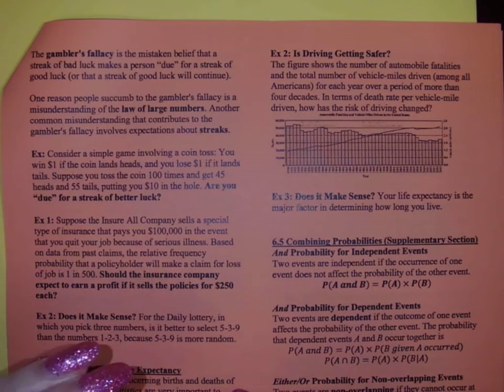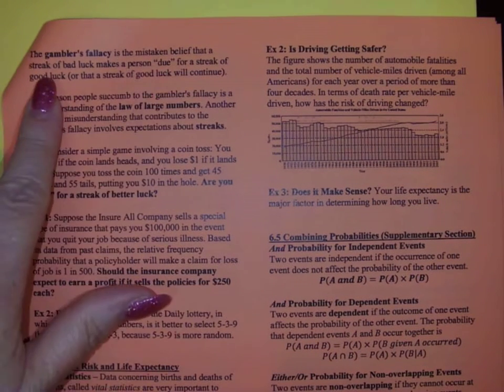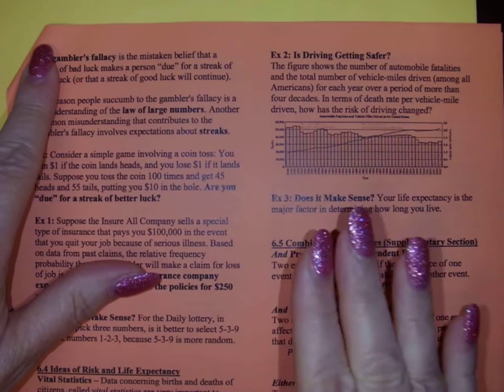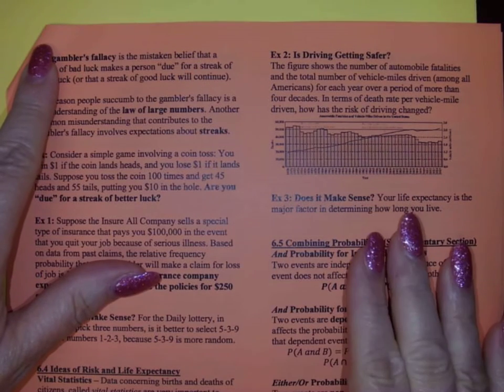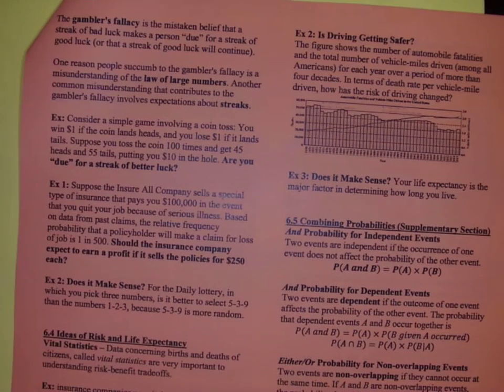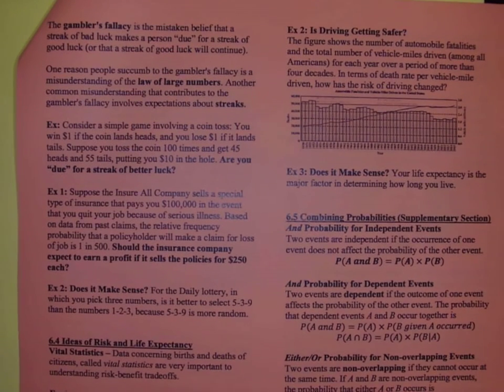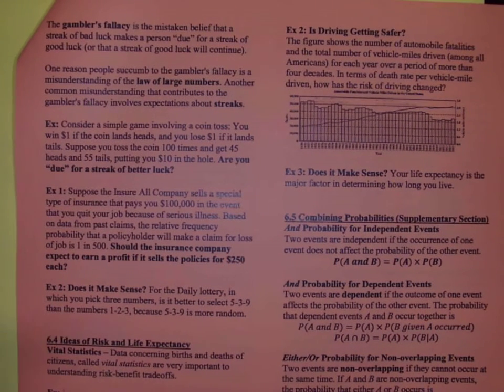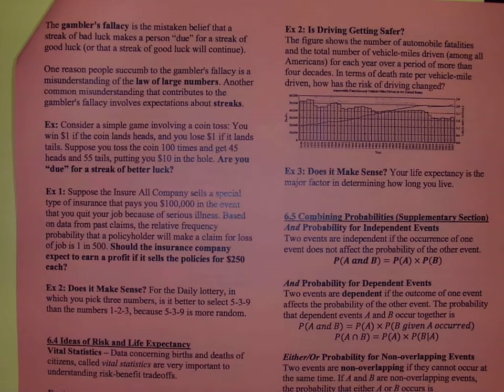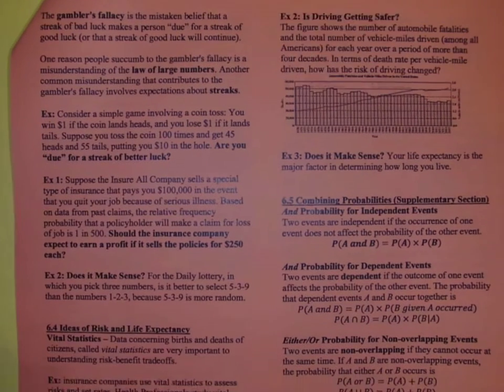So they're expecting that they are due for a streak of good luck, and if they just keep gambling, they will win their money. And that's where it's a fallacy, because that doesn't mean that. It's not that you're due for anything. There's just a chance of winning or losing, right? And you're either going to win or not.